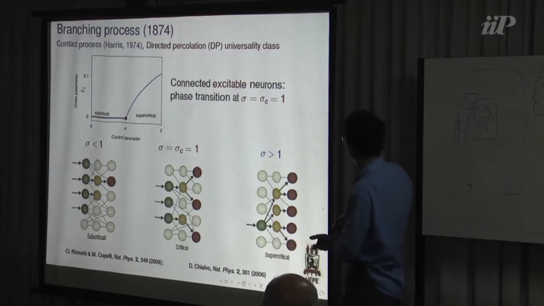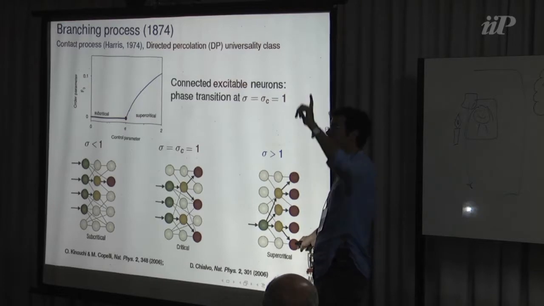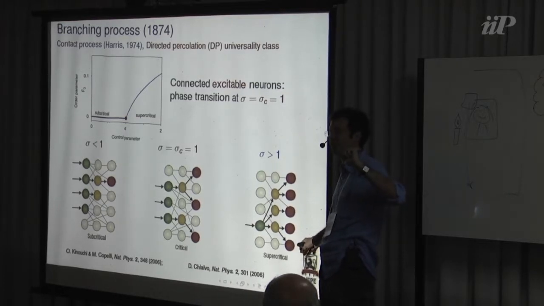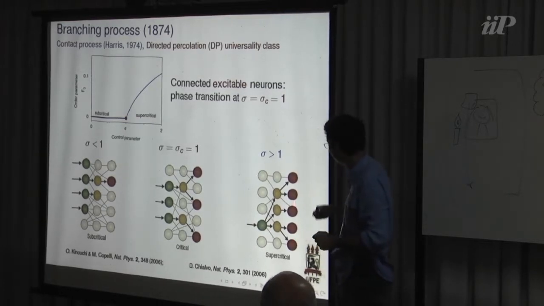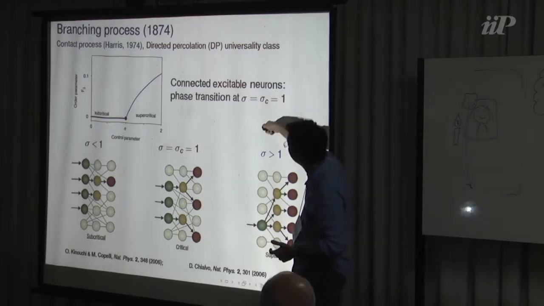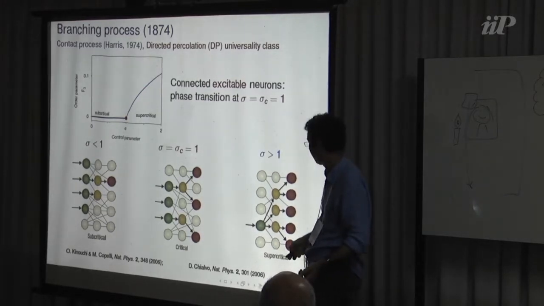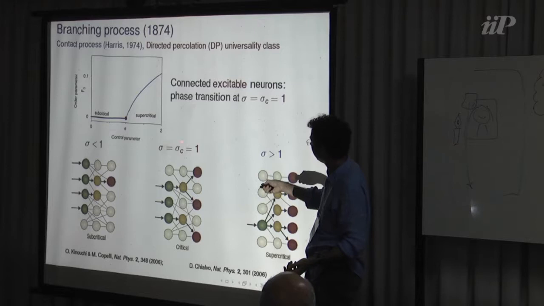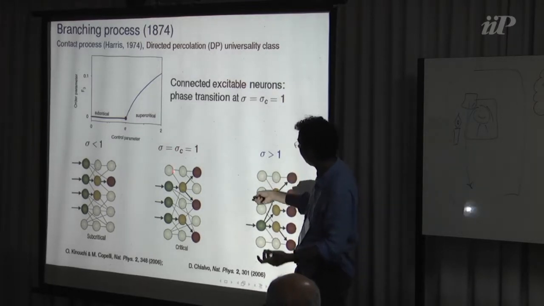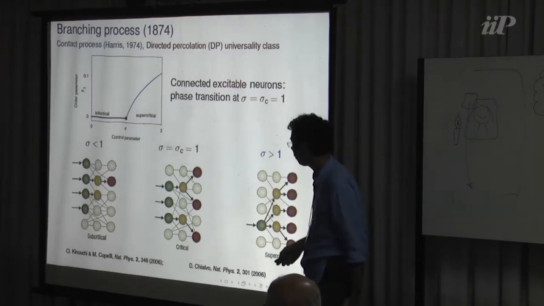If you create more than you receive, activity would explode if it were not for the refractory period. So the refractory period prevents this from creating an explosion, and this thing saturates at some point here. And right in the middle, at a critical value, you have the critical case.